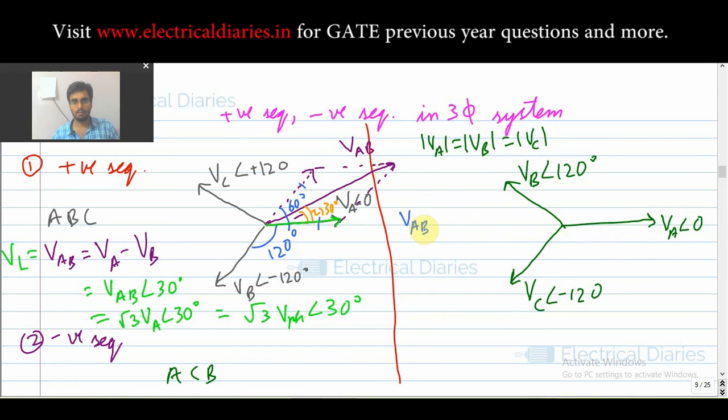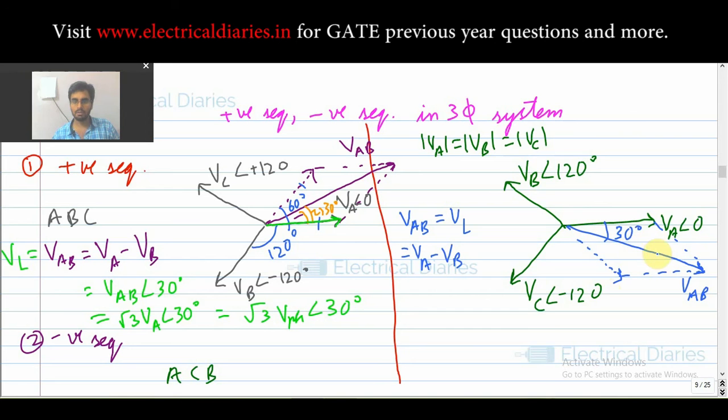Let me calculate VAB, that will be your V line, equal to VA minus VB. Here VA is this, minus VB is this, and if you add these two, you get VAB. By the same analysis as before, this angle will be 30 degrees.